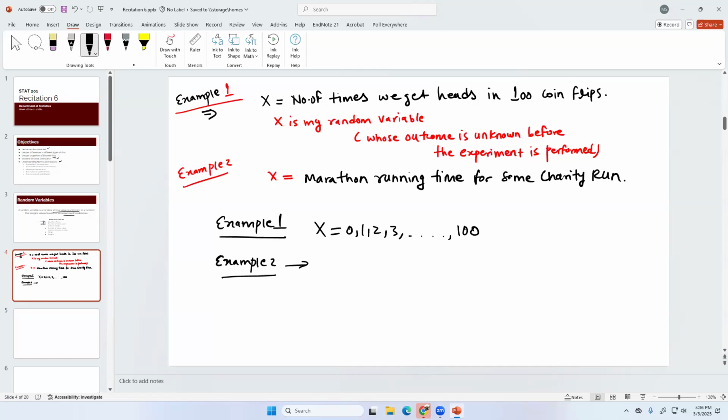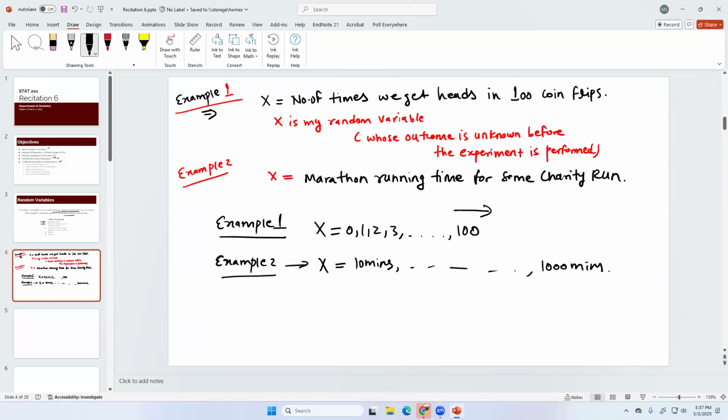Like x could be from 10 minutes, maybe, depending on what's the fastest time right now in the world, all the way up to maybe 1,000 minutes, right? So these are the possible values your x can get. What a random variable does is just give you different possibilities beforehand.